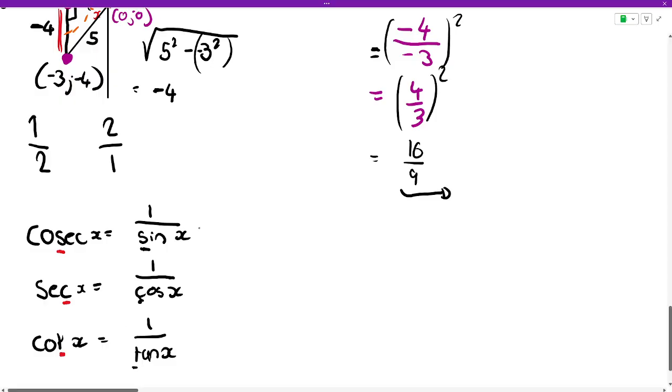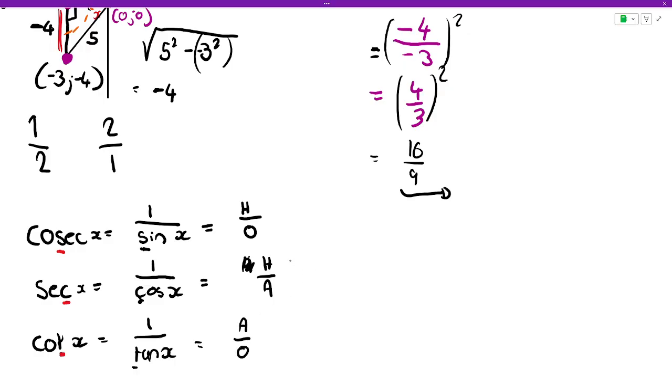Right. So what this means is sine is normally opposite over hypotenuse, and now it's hypotenuse over opposite. Cos, this is hypotenuse over adjacent. Cot, adjacent over opposite.